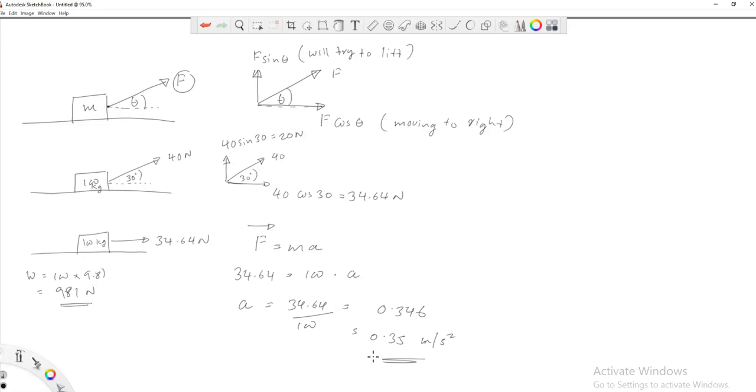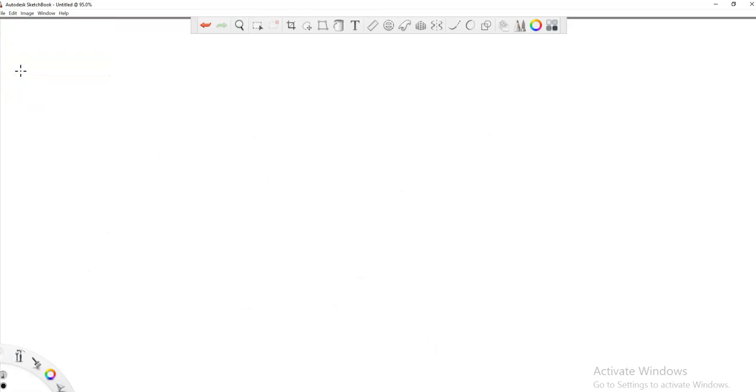Okay, let's look at another example. So I'm going to go ahead and clear this whole thing. Actually, I should have done something before clearing it.